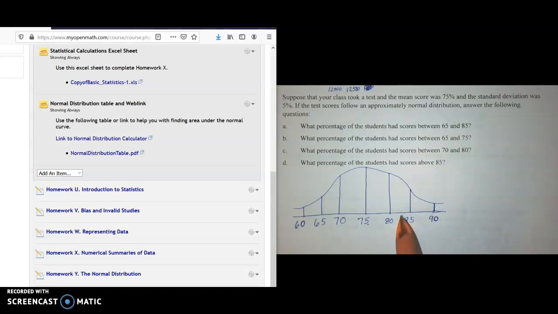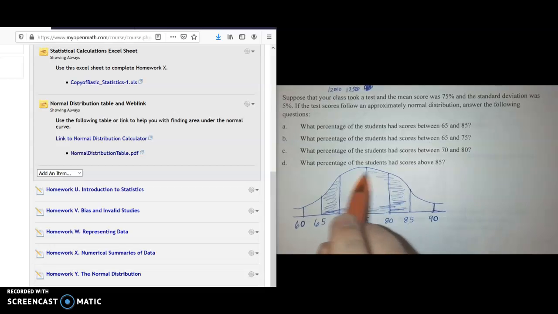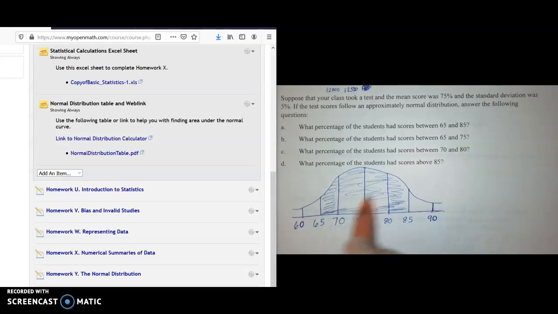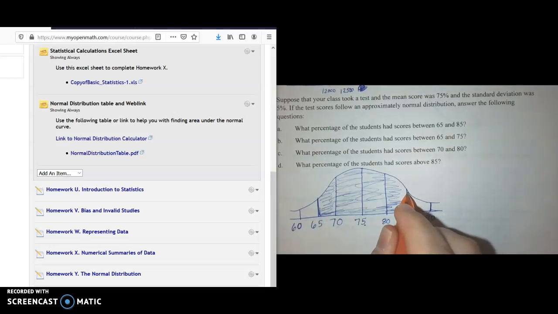The first thing I want to know is what percentage of students had scores between 65 and 85. Well, 65 is 2 standard deviations below the mean. 85 is 2 standard deviations above the mean.